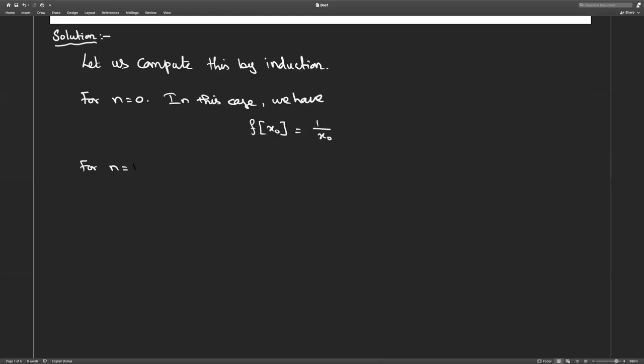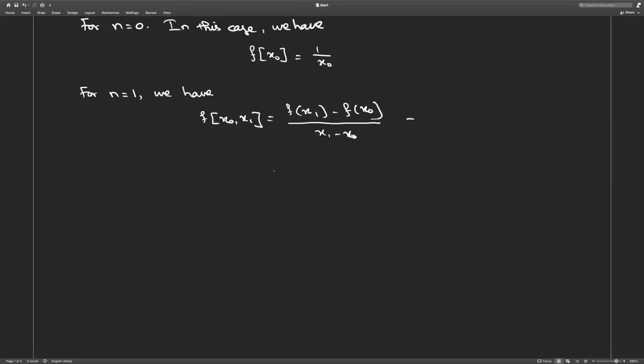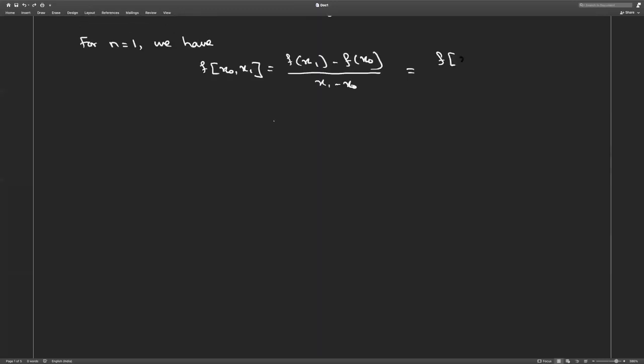Let us now go to compute for n equal to 1. We have f of x naught comma x1 is equal to f of x1 minus f of x naught divided by x1 minus x naught. Recall that this is nothing but the 0th order divided difference with node x1 minus the 0th order divided difference with node x naught, divided by x1 minus x naught, right?